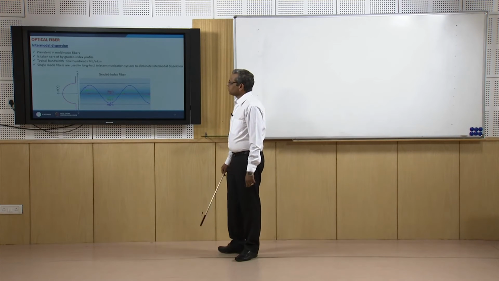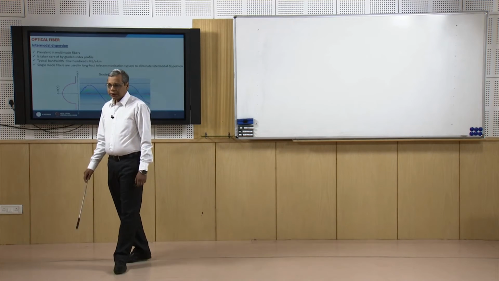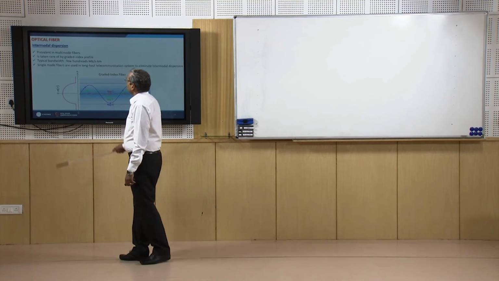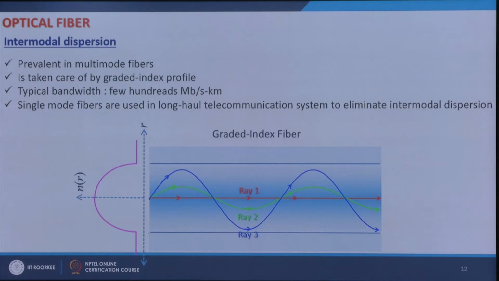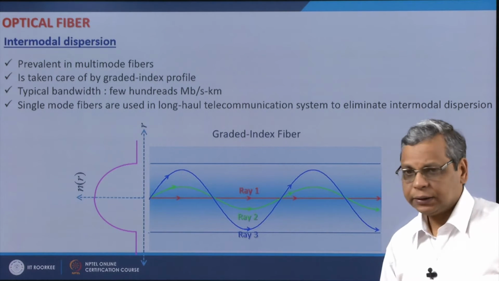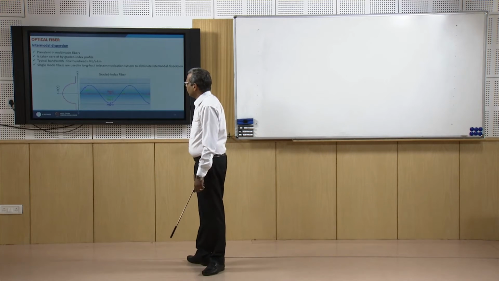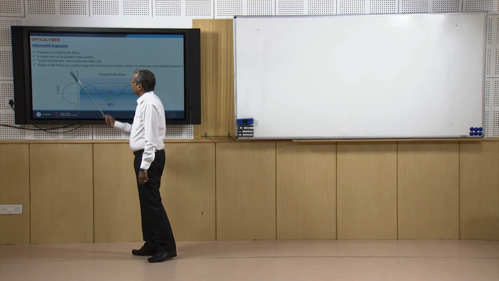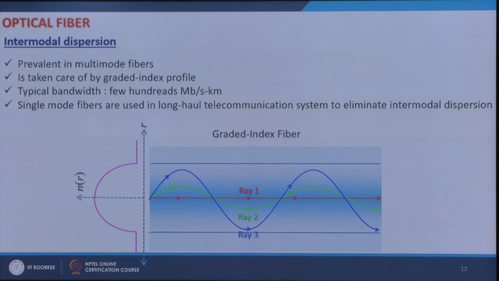If you look at the dispersion, then you have several kinds of dispersions. In multimode fiber you have intermodal dispersion which is prevalent. If you want to minimize this intermodal dispersion, then you will have to use graded index fiber, and with graded index fibers you can have a typical bandwidth of a few hundreds of Mbps times kilometer.